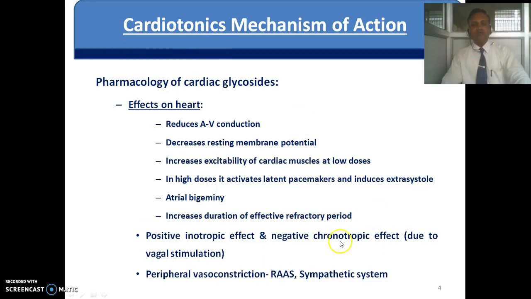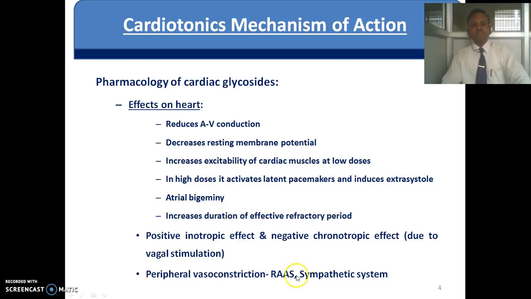So overall, apart from sodium-potassium ATPase enzyme inhibition, there are multiple actions like inhibition of AV conduction, activation of pacemakers, and vagal activation leading to negative chronotropy. At the same time, there is positive inotropic action, means increase in the force of contraction.